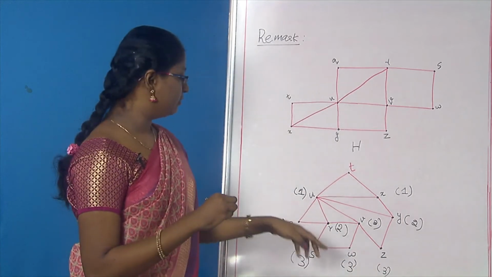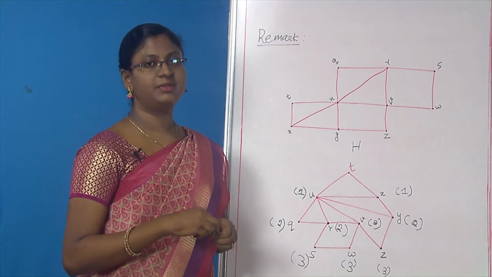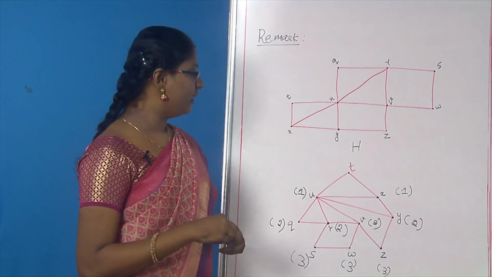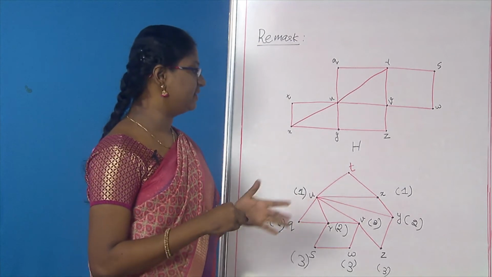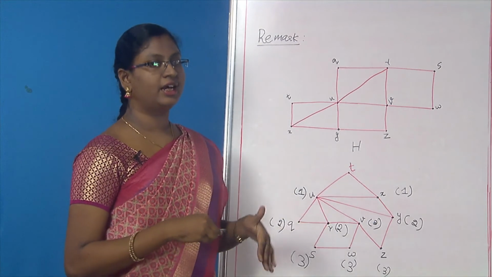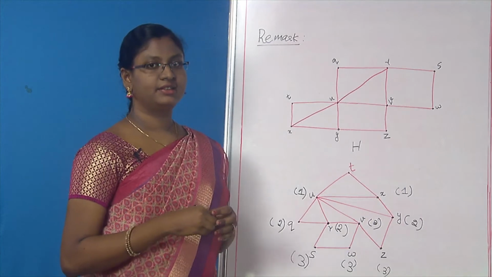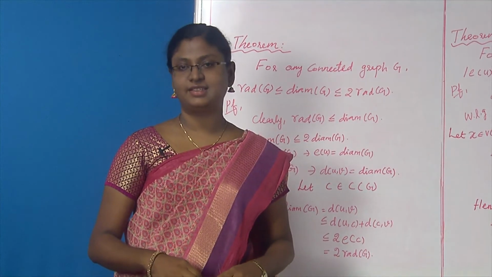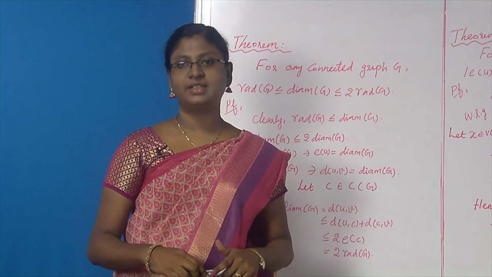So, at the bottom level I have collected the vertices whose distance from the vertex T is 3. By drawing like this, you can easily find the eccentricity of a particular vertex T. If you want to find the eccentricity of another vertex, you have to redraw the graph considering the distance from that vertex.